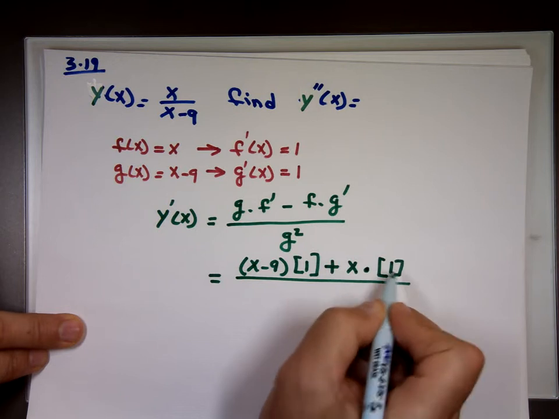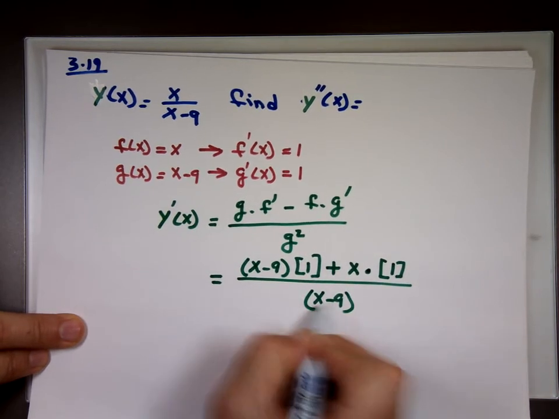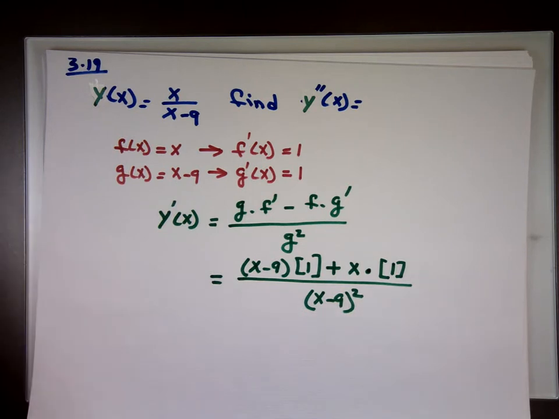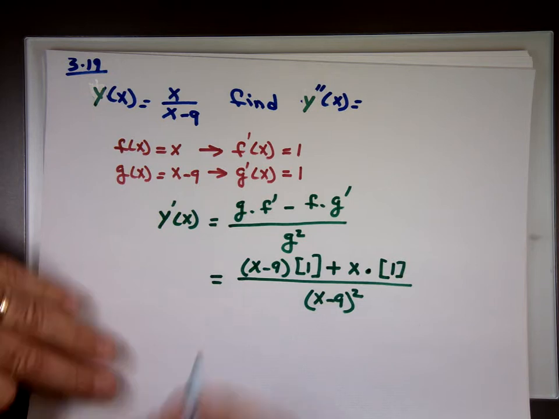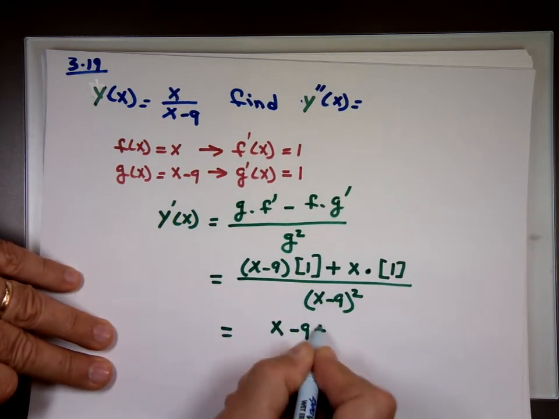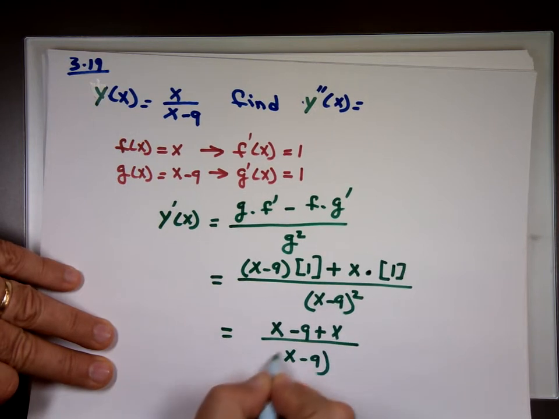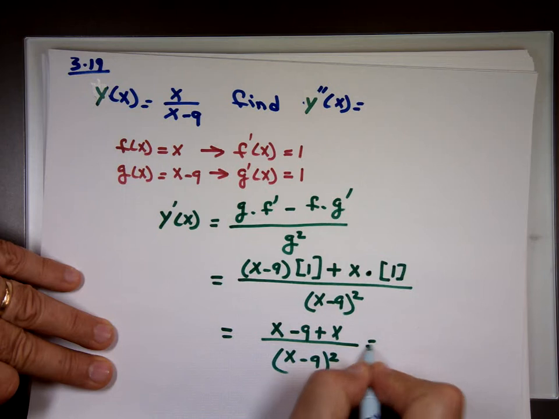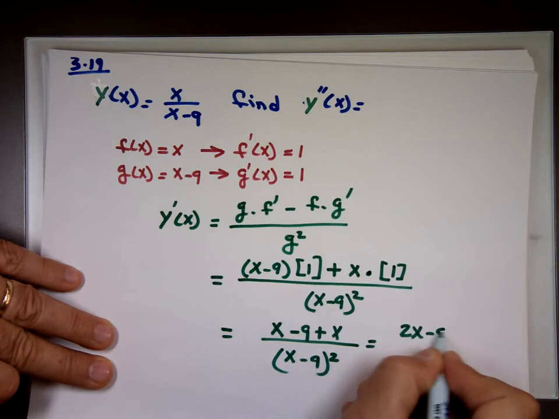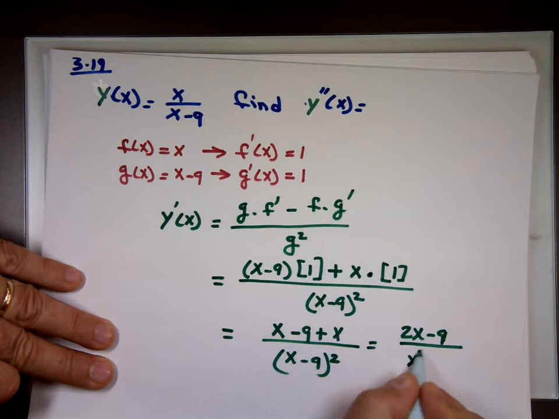The whole thing divided by x minus 9 squared. Simplify it. X minus 9 plus x, which is what? 2x minus 9. And in the bottom here, it's going to be x squared minus 18x plus 81.